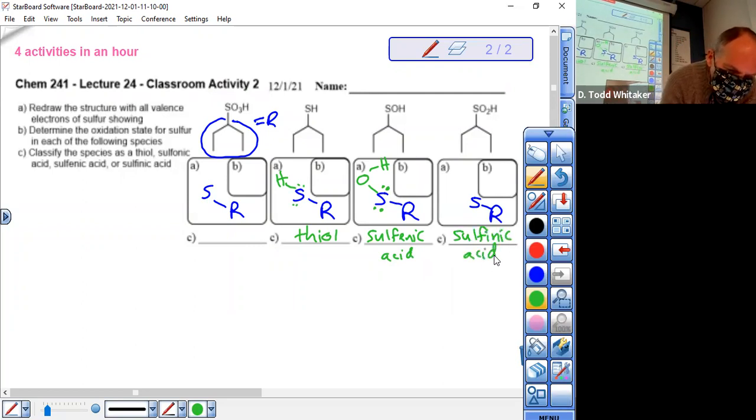Sulfinic acid has a double bond to O and a single bond to OH. And sulfur has one lone pair. Oh, I got carried away with my lone pairs, so that's okay. And then sulfonic acids have as many O's as possible. We've seen sulfonic acids already.